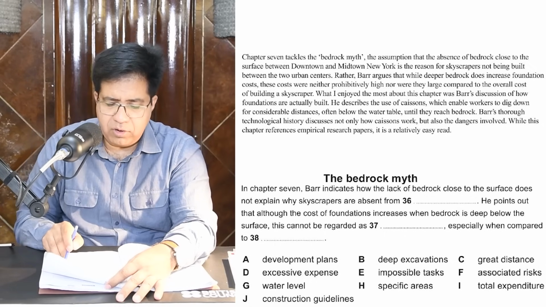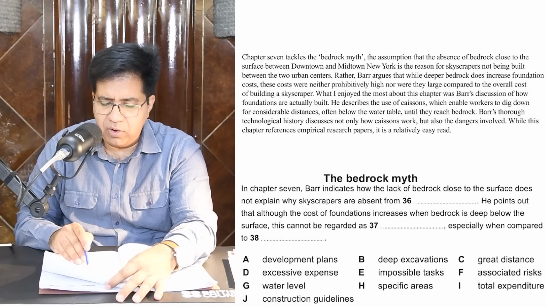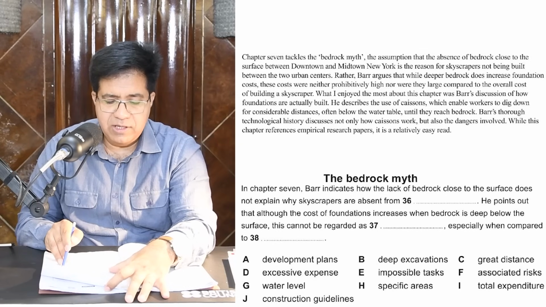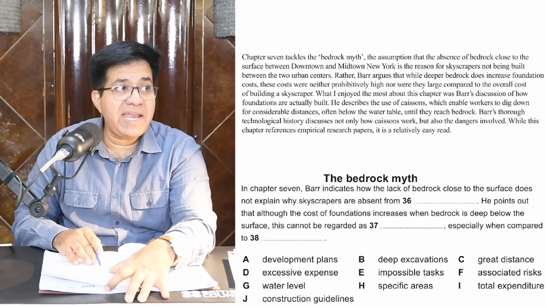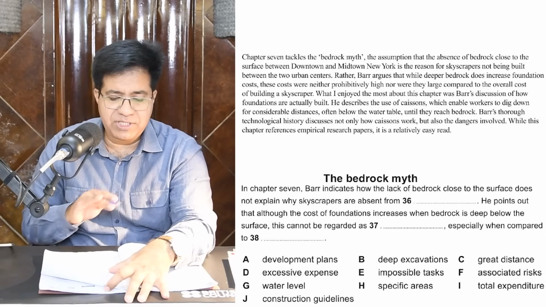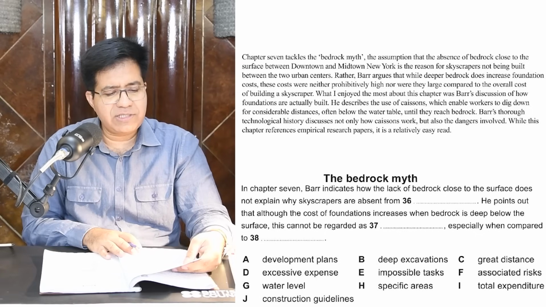Okay, absence of bedrock close to the surface between downtown and midtown New York is the reason for skyscrapers not being built between two urban centers. Not being built means absent or absence of them from where? Two urban centers. How many words?